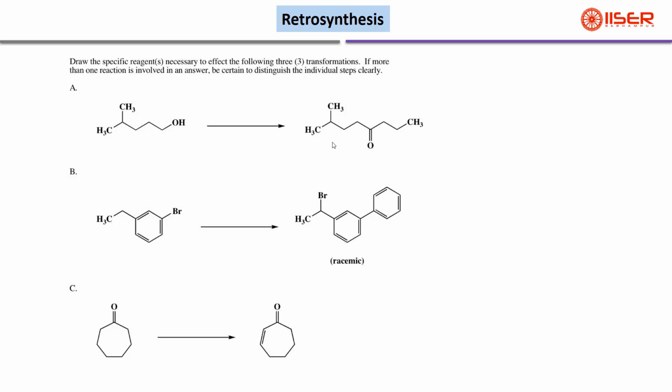Draw the specific reagent for these three transformations. So see the change. There is an OH group here instead, and 3 carbons apart, this center has been converted to a keto, and this part has been attached.